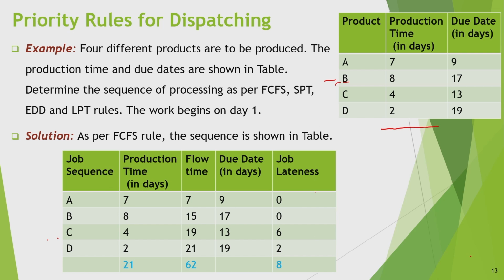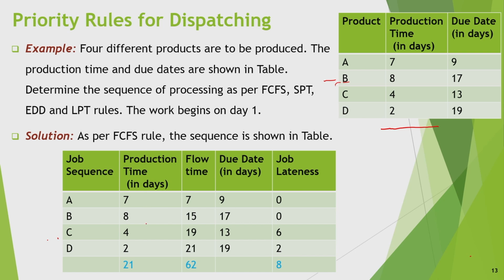Then job B, production time in days is 8. The first job will take 7 days, so 7 plus 8 means in 15 days it will be over, but due date is 17, no problem, so lateness is 0. Then job C, production time 4.